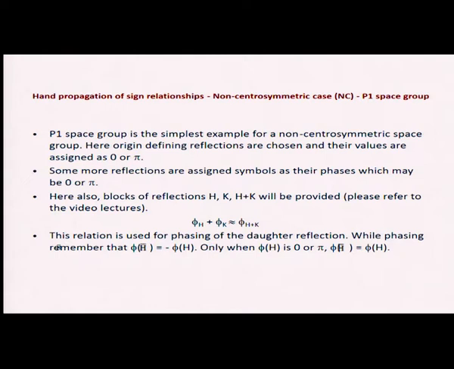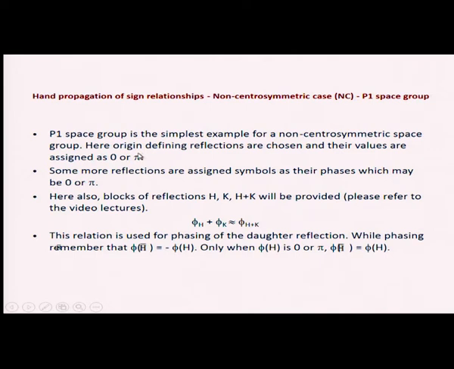Now, in the case of non-centrosymmetric structures, it becomes a question of assigning phases. For centrosymmetric, we talk about the simplest phase group P 1 bar, triclinic with 1 bar inversion symmetry. In the same triclinic system we can have the P 1 phase group where there is no symmetry. P 1 is the simplest example for a non-centrosymmetric phase group.